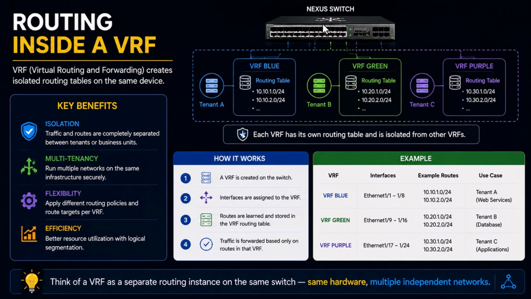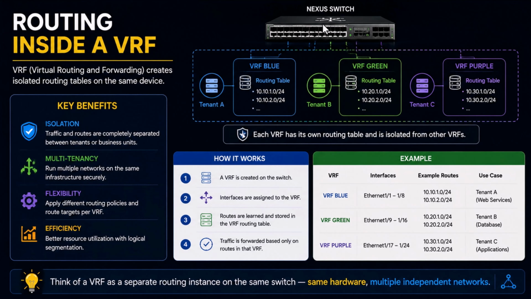Each VRF has its own routing table. Routes inside VRF blue are separate from routes inside VRF green, and routes inside VRF green are separate from VRF purple. This gives us a strong logical isolation while still using the same physical hardware. That is why VRF is so useful for multi-tenancy.